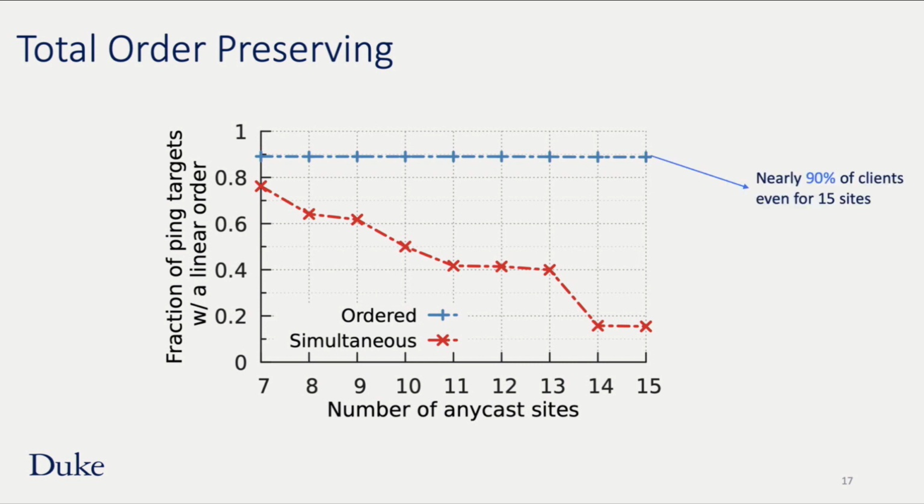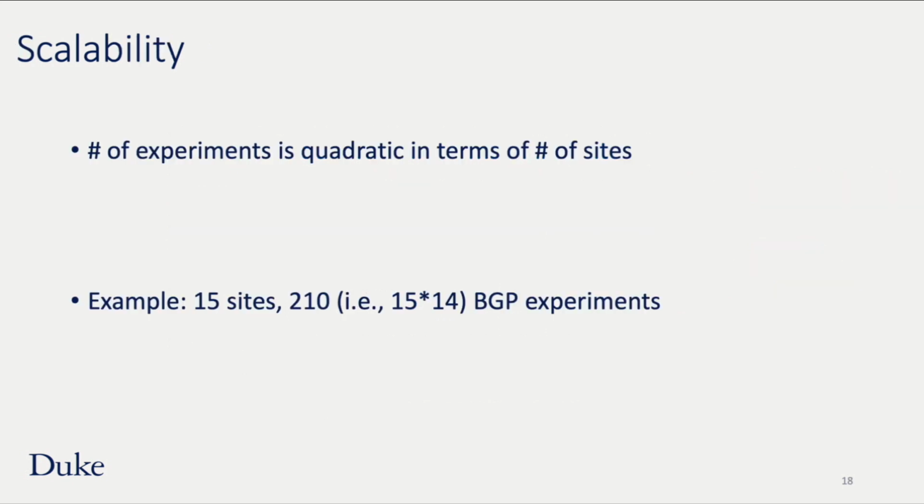And the blue line shows the portion of clients that will keep it if we use an ordered announcement order. We found out that only 15% of clients will have a total linear order if we do not consider the announcement order. But if we use ordered announcement, nearly 90% of all clients will have the total linear order, which will allow us to do a more precise round-trip time estimation.